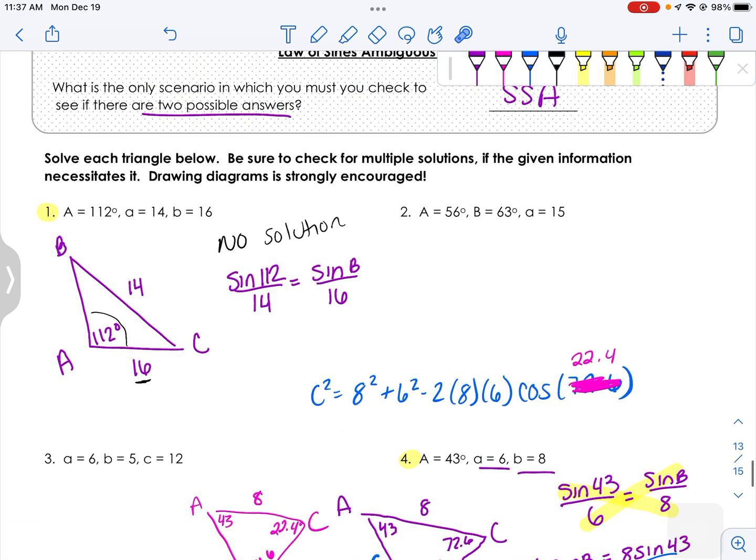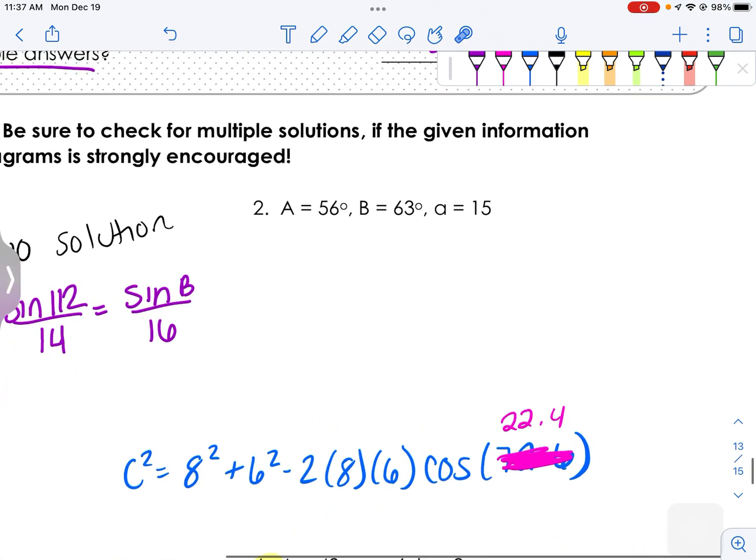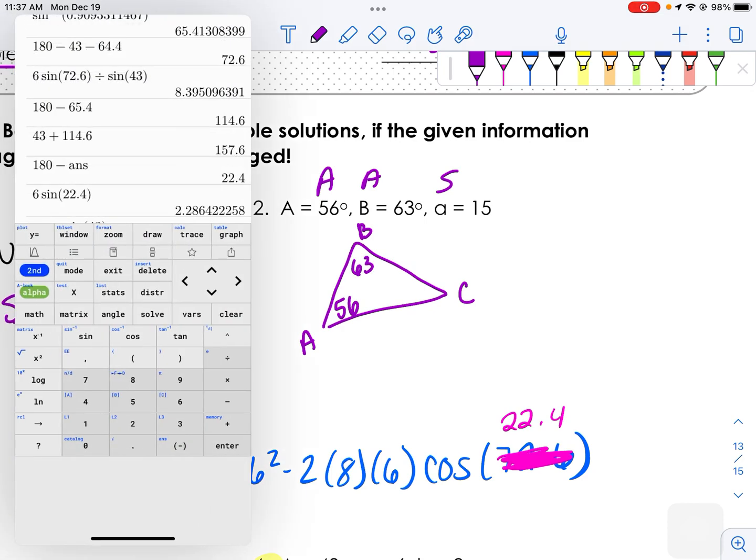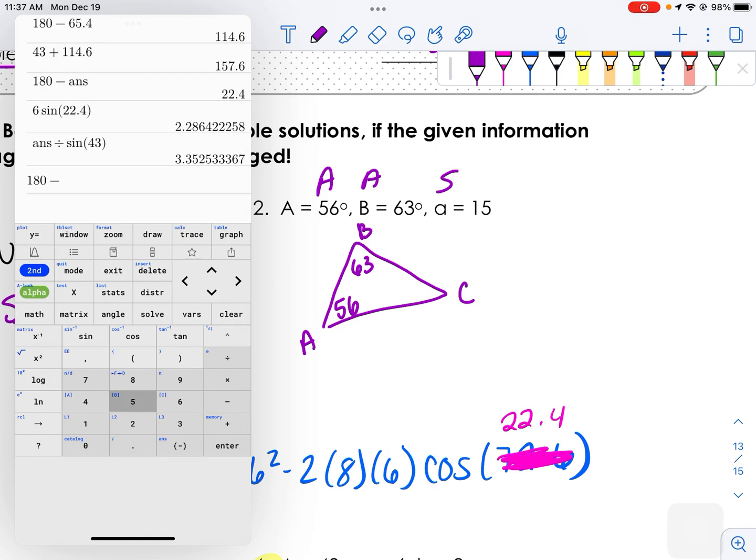Now I know that I won't have to check for multiple answers here because I'm given angle, angle, side. And so when you are looking to find the information here, since you're given two angles, you know that the only possibility for your third angle is 61 degrees.